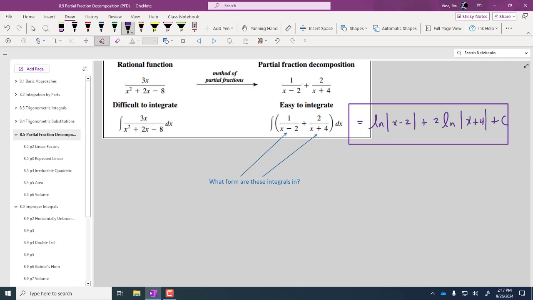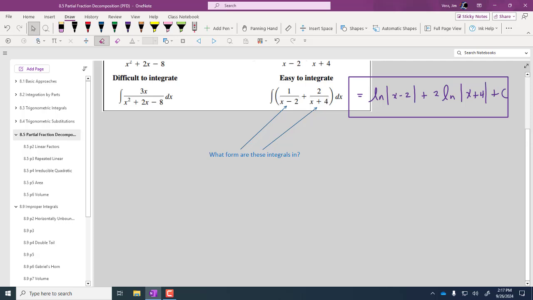Where does the x go? It vanishes because when you get your common denominator here, it will be created. If we started with this, we would multiply the first one by x plus 4 over x plus 4. We would multiply the second one by x minus 2 over x minus 2. And so our common denominator is going to be that product.